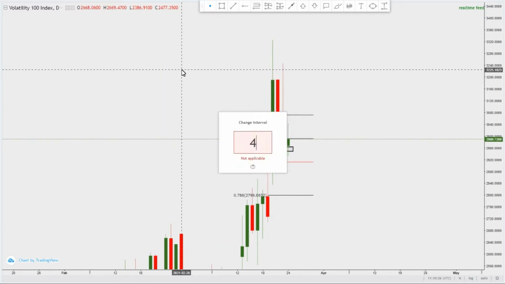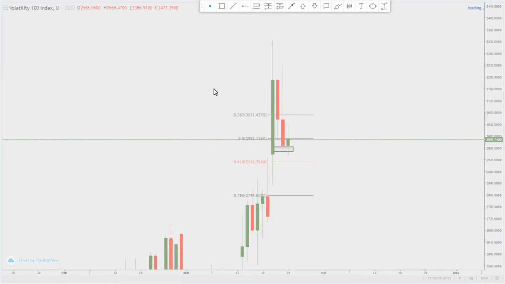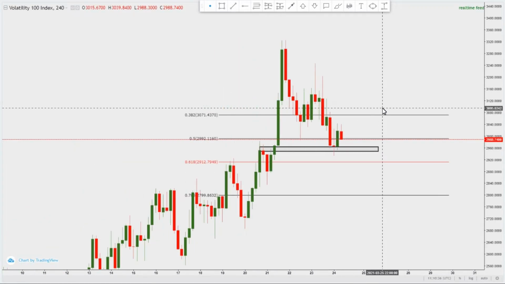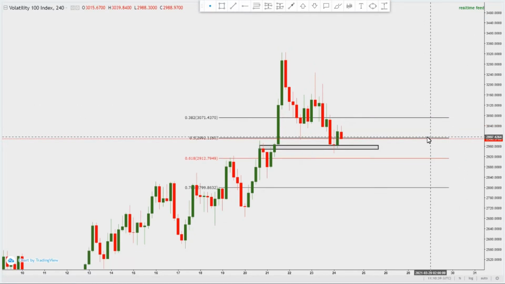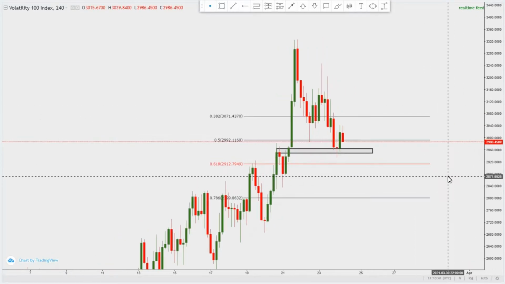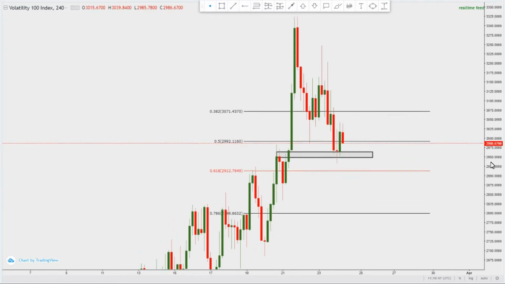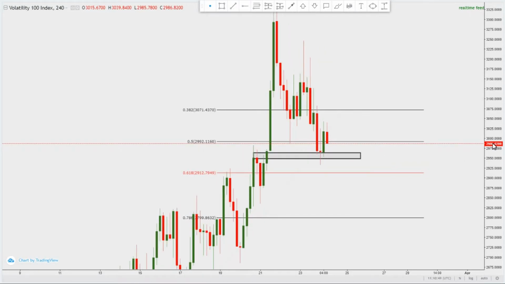So let's just go to our 4-hour time frame and see how price is reacting. Things get much clearer on the 4-hour time frame. You can see something going on on VIX 100 on the 4-hour time frame.